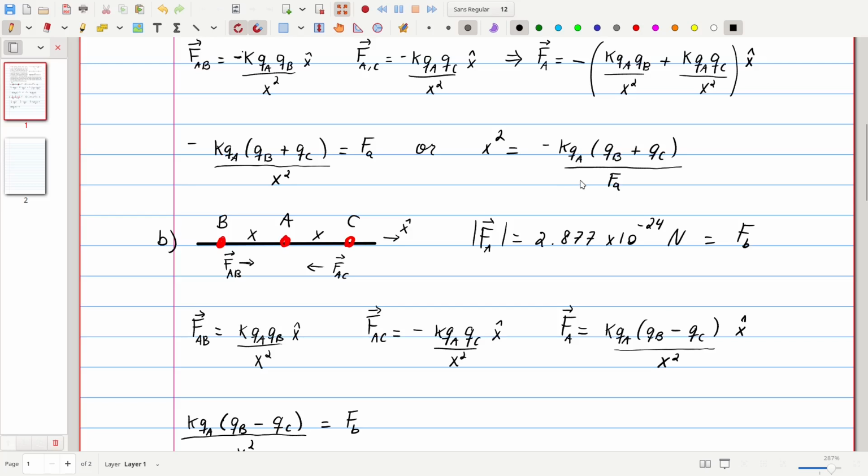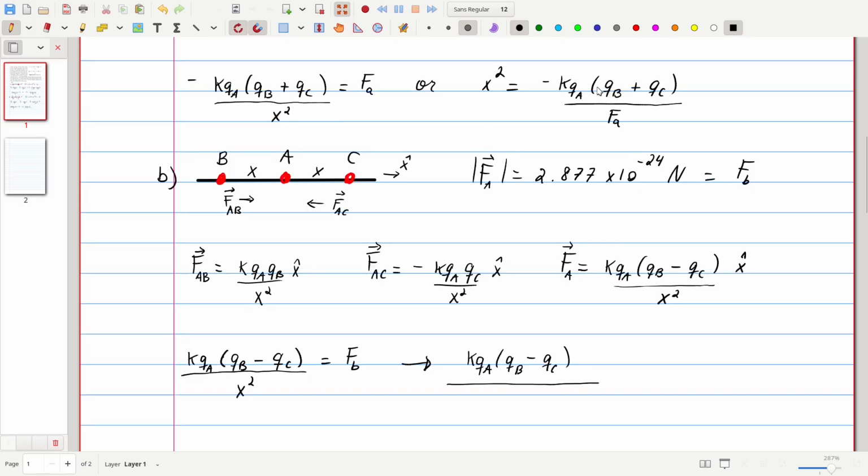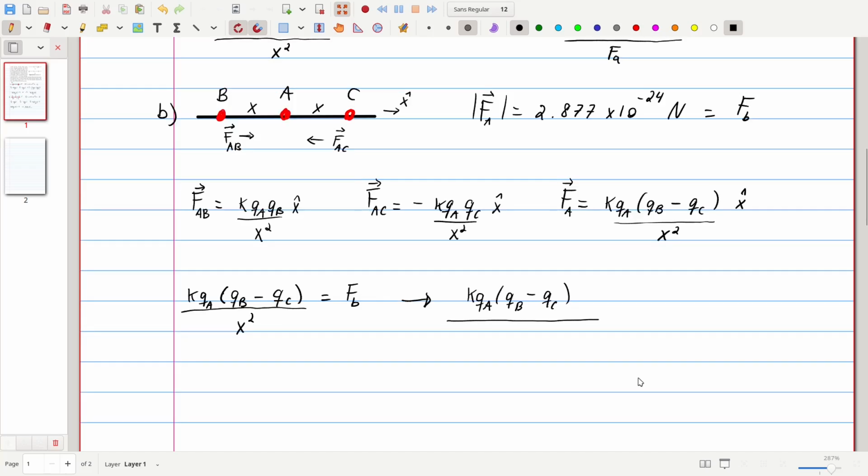Now we substitute x squared in this equation with what we solved for in the first part of the problem. This is getting ugly. Sorry.